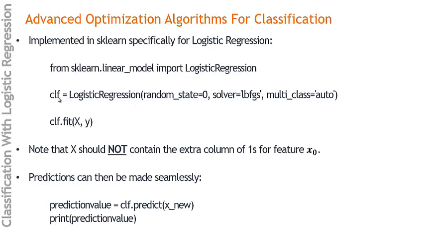Now this command creates a logistic regression classifier called clf with these various options. And you can read up on these options, what they mean. You can probably simply use the default options. They're just fine. Now this is the classifier. All you have to do then is supply your data to the classifier and sklearn will do the rest.